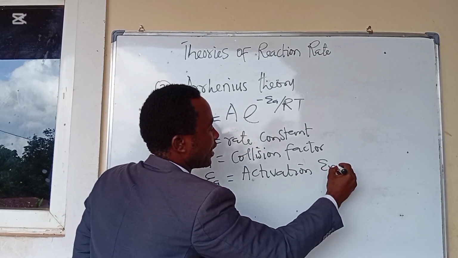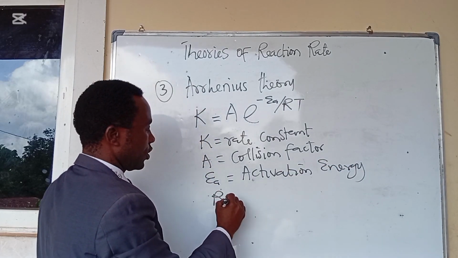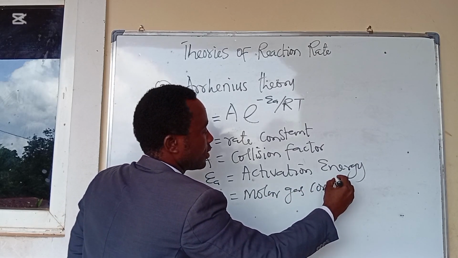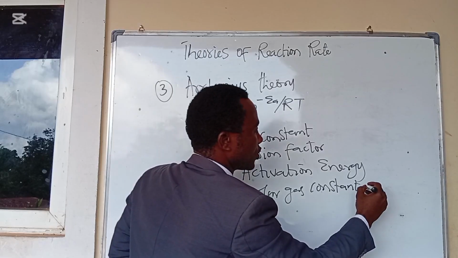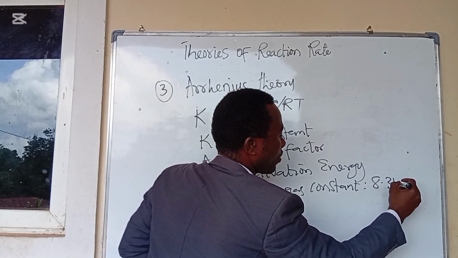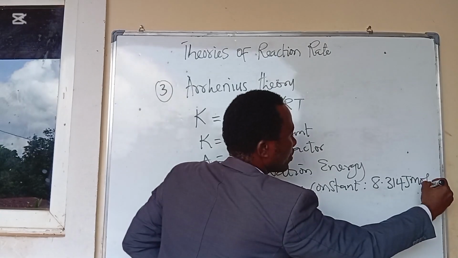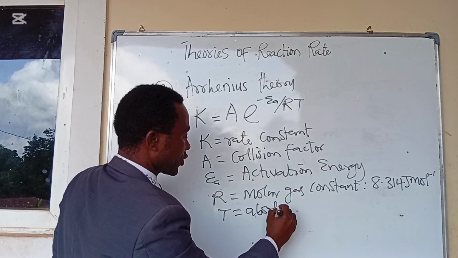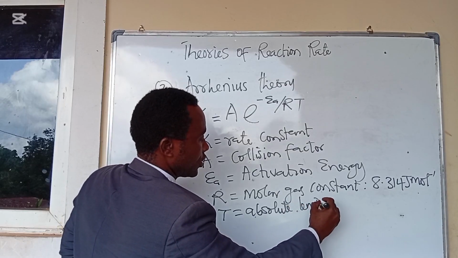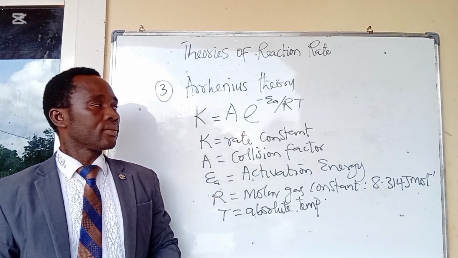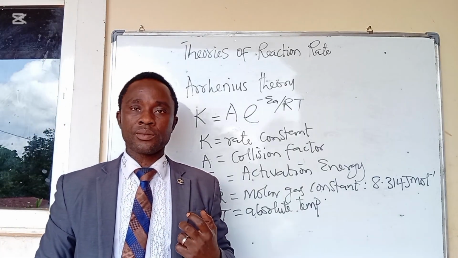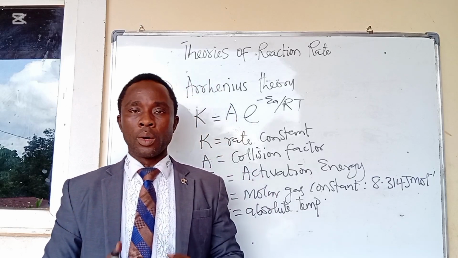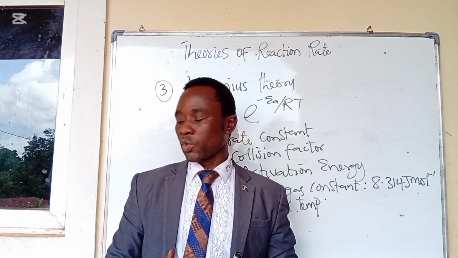R is the molar gas constant. The value is 8.314 joules per mole per kelvin. And T is absolute temperature. So that is Arrhenius theory. The rate of reaction increases as temperature increases. In fact, when temperature doubles, the rate of reaction also doubles.